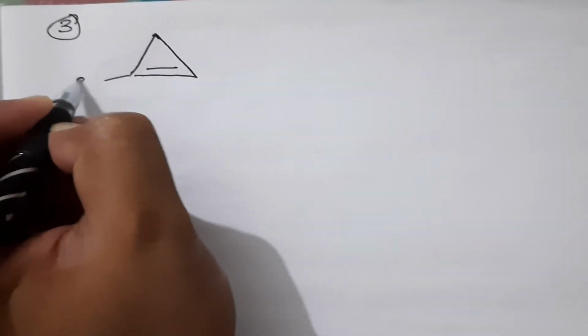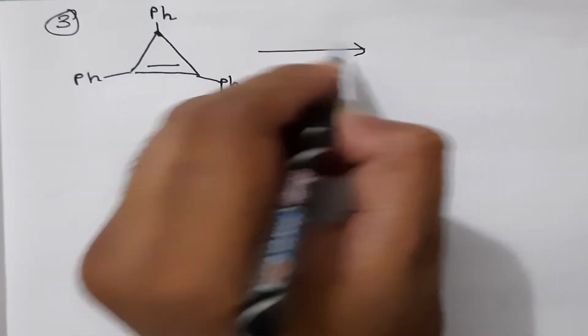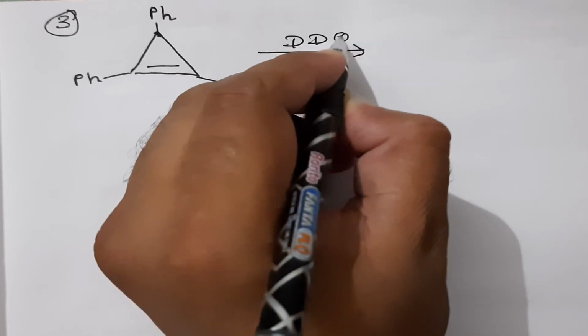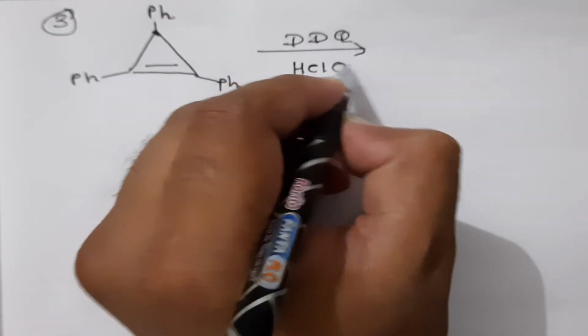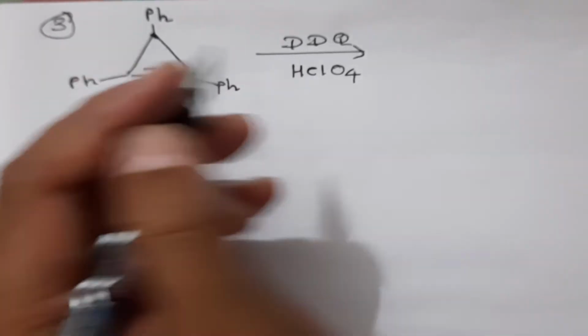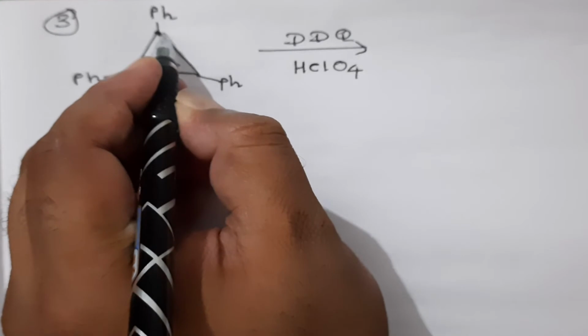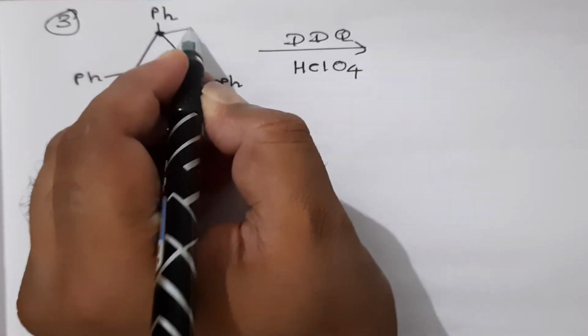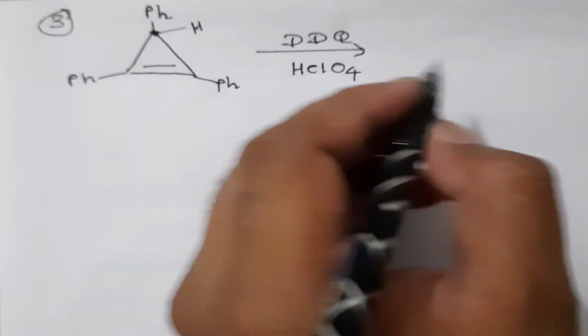Here on the three sides there is a phenyl ring, and if it reacts with DDQ and one more acid, HClO4, perchloric acid, so what do we get? DDQ abstracts the H minus ion from here and generates a positive charge here.